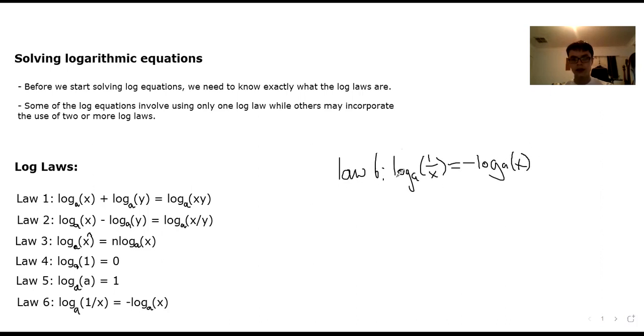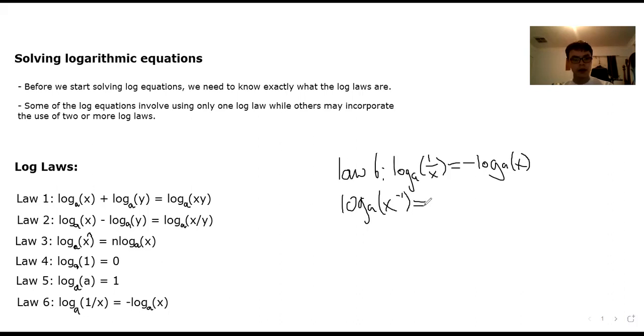The reason why this is the case is that if we do log a of 1 over x, that would equal log a of x to the power of negative 1. Oops, made the one a bit too big, so there we go, that's better.